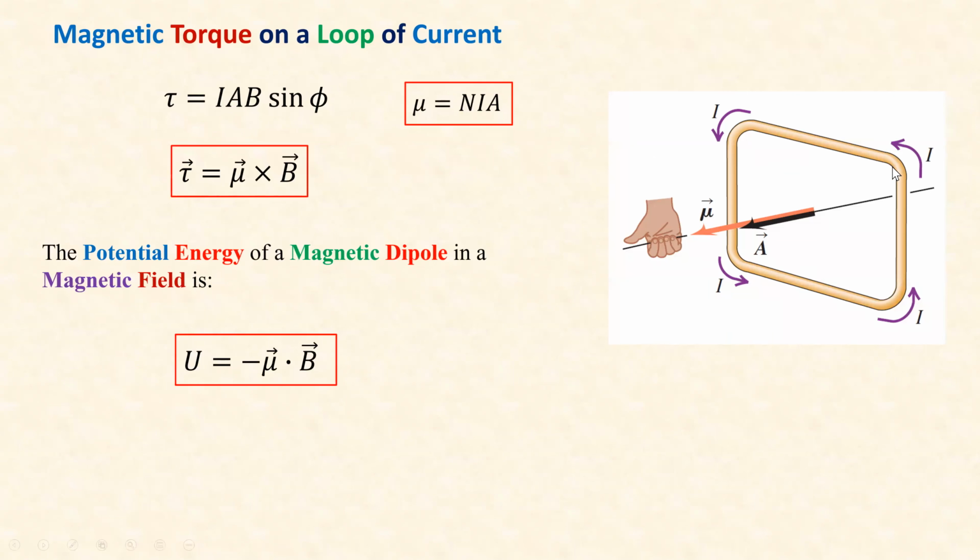Remember we said if you look at this, the force on this part is I cross B. Let's say B is in this direction, I cross B is up. For this one is down. For the other one it is opposite. So the 4 forces actually cancel each other. But the torque may not be 0. The net torque is not 0, and the torque is given by tau, which is mu cross B.